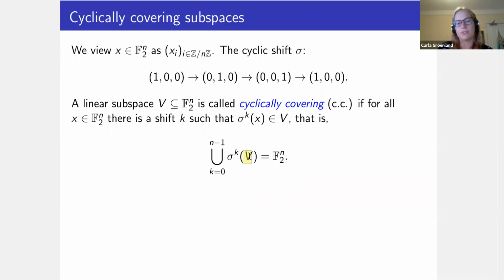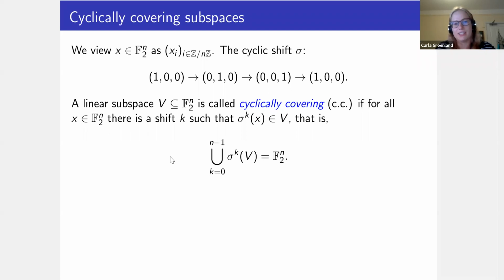Each time we shift something n times, we get back to where we were. But the condition is that eventually all of these shifts need to cover our entire space. And something that I forgot to mention is that through this talk, it will be convenient to see these indices mod n. So I'll number them 0 up to n-1 typically. So this is the definition of a cyclically covering subspace.